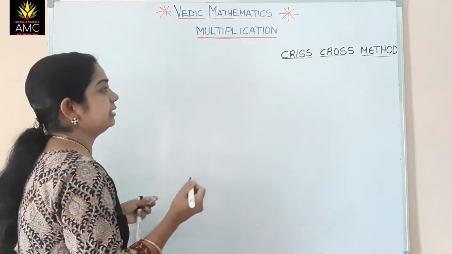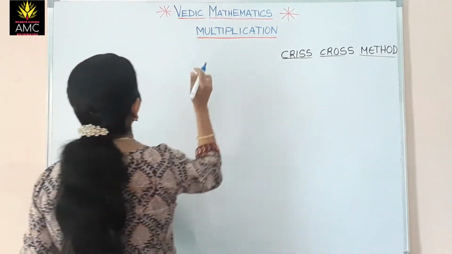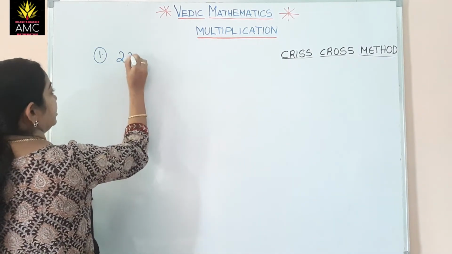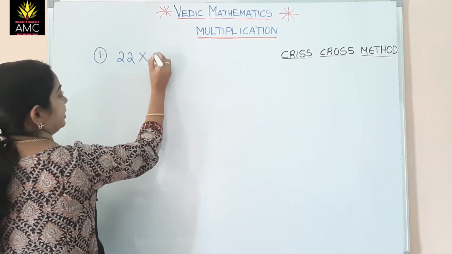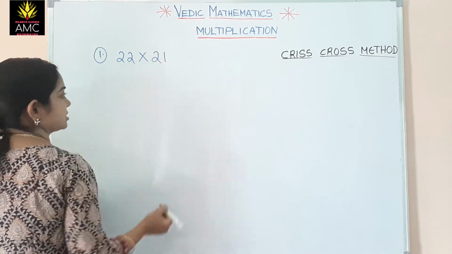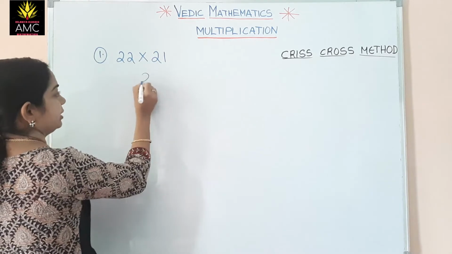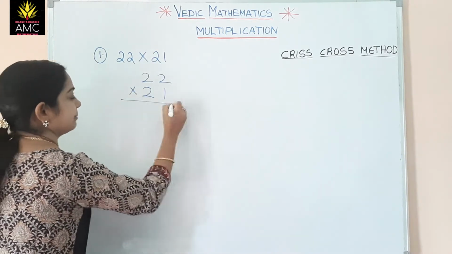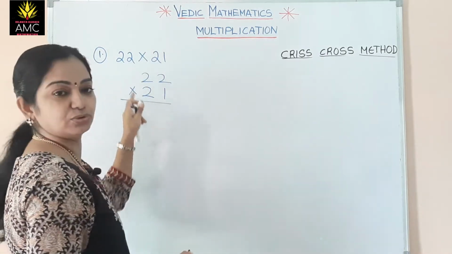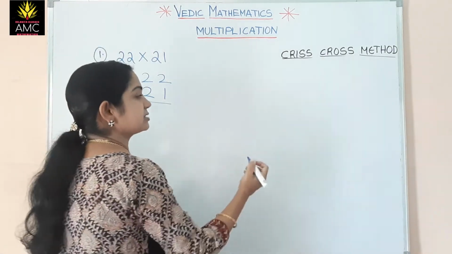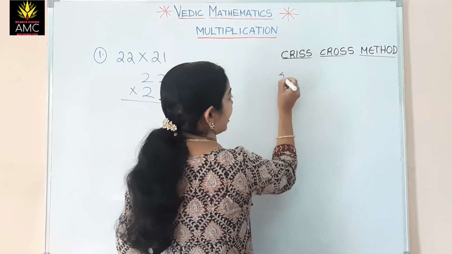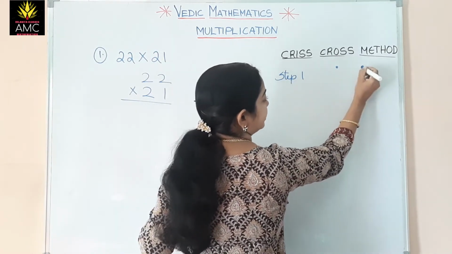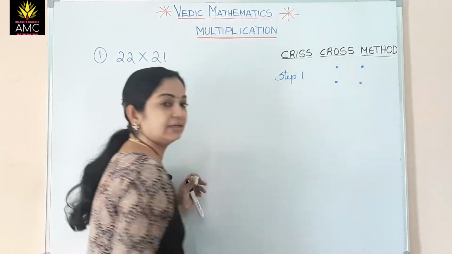Right. Now, here in the crisscross method, if I take an example, let me take 22 multiplied by 21. A simple example I have taken. Now, 2 cross 2, two digits into two digits. In the crisscross method, step 1 is: let me write the dots for the digits.